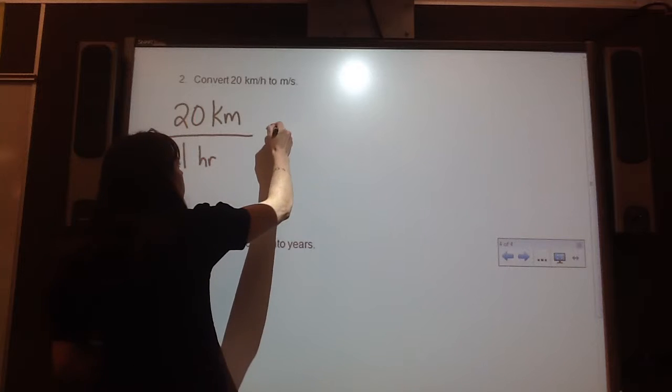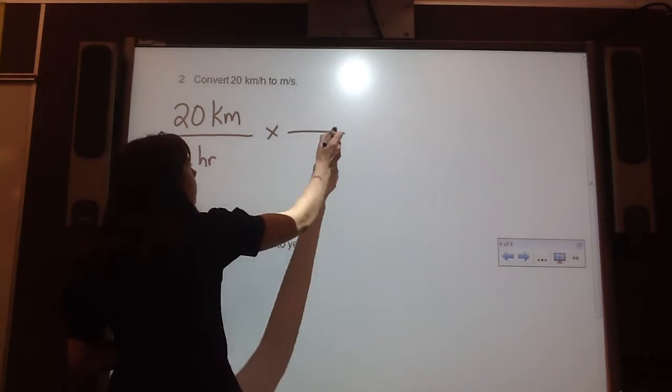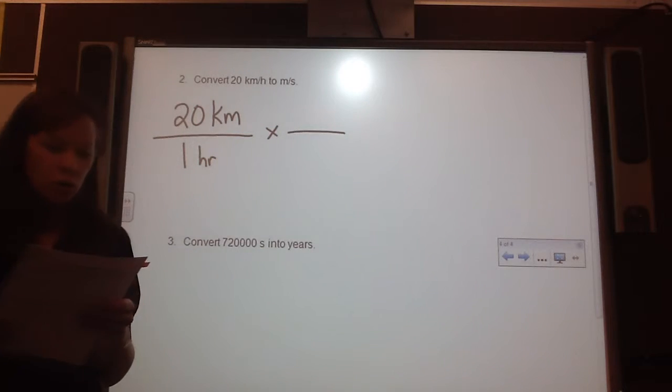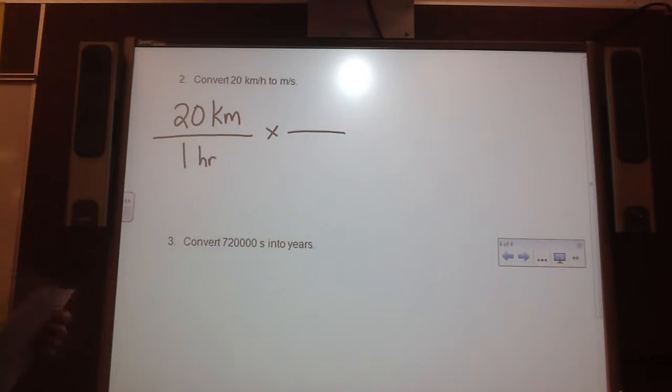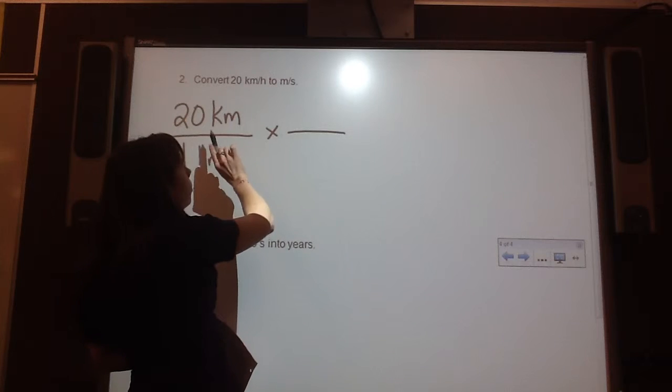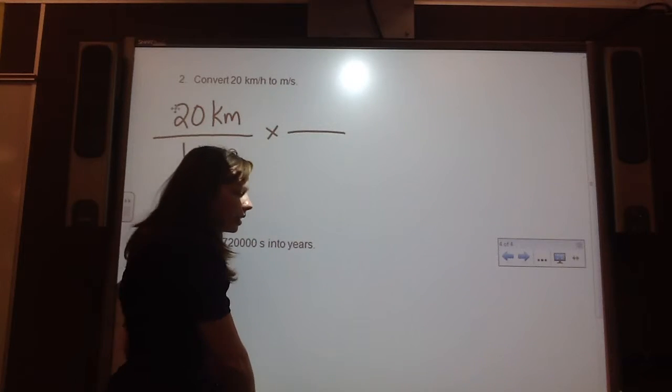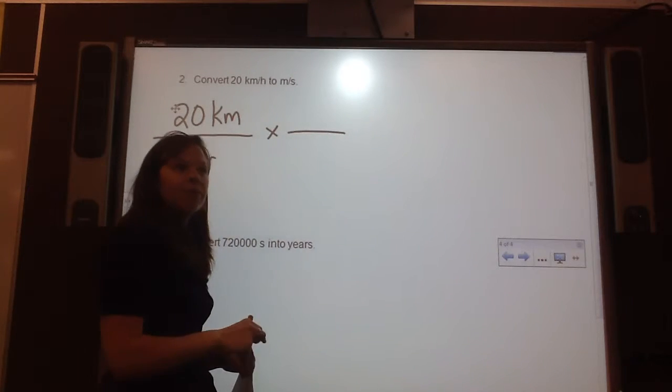So I want to multiply it by a fraction to eliminate some stuff. Let's pick one first. Let's either deal with the kilometers first or with the hours first. Which one? Kilometers. Okay. So if I want to eliminate kilometers, what needs to be on the bottom of my fraction?